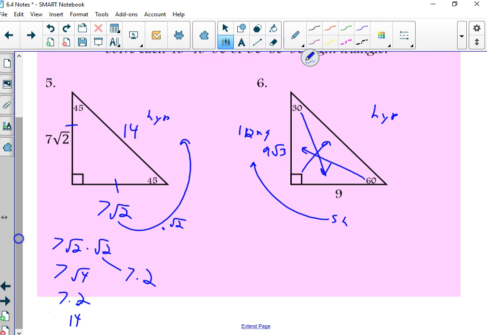A way to remember this might be, this is obviously a scalene triangle, 30, 60, 90, 3 different length sides, so you do radical 3. Over here, on number 5, 2 the same sides, radical 2. And then the hypotenuse is times 2, so that's going to be 18.